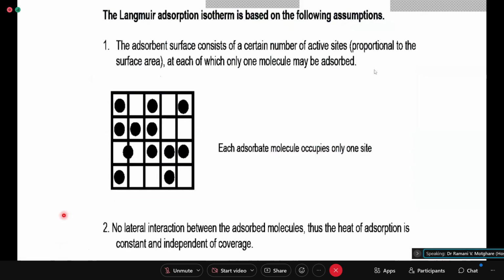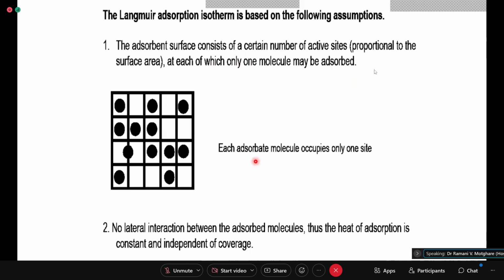The assumptions made by Langmuir were: the adsorbent surface consists of a certain number of active sites proportional to the surface area, at each of which only one molecule may be adsorbed.